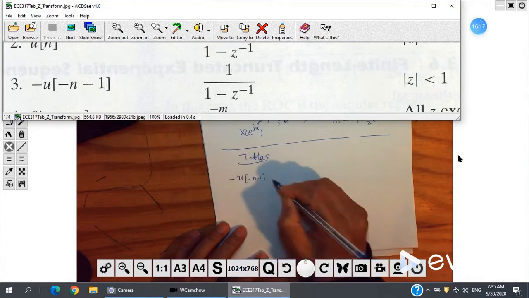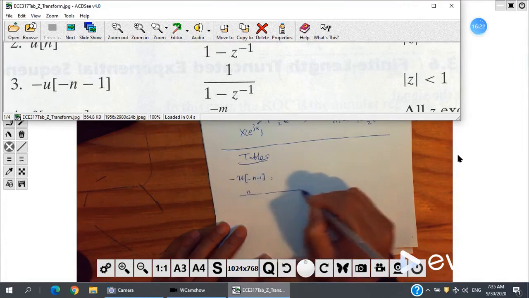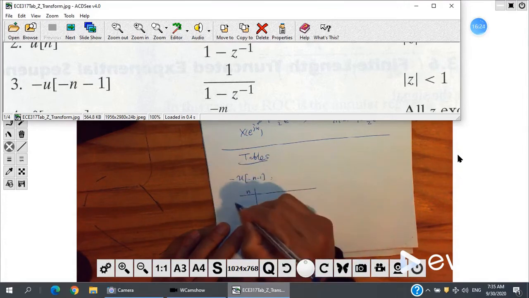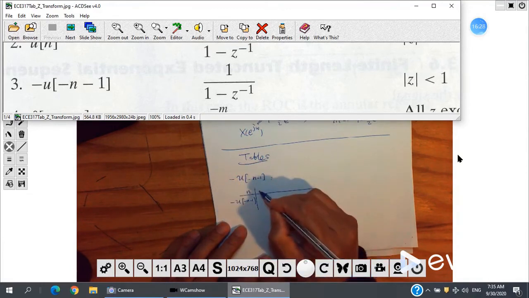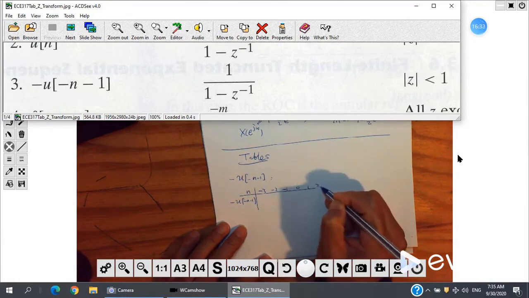What is it? You can put the value n here. Negative u of negative n minus 1, where n is like negative 3, negative 2, negative 1, 0, 1, 2.